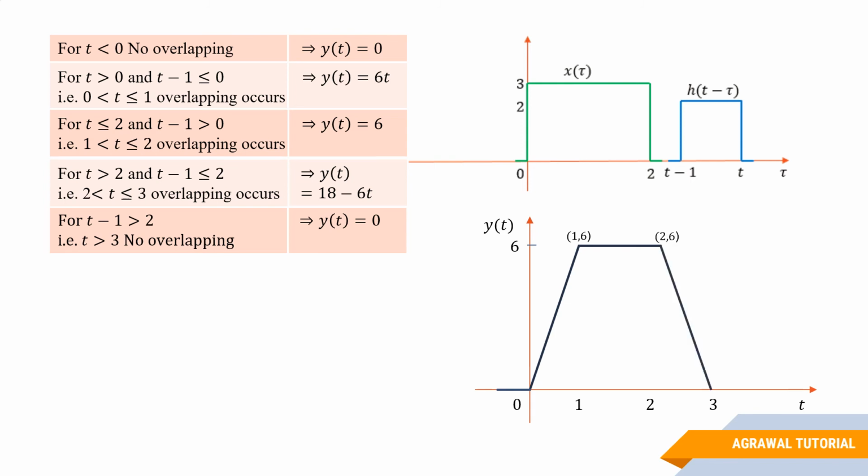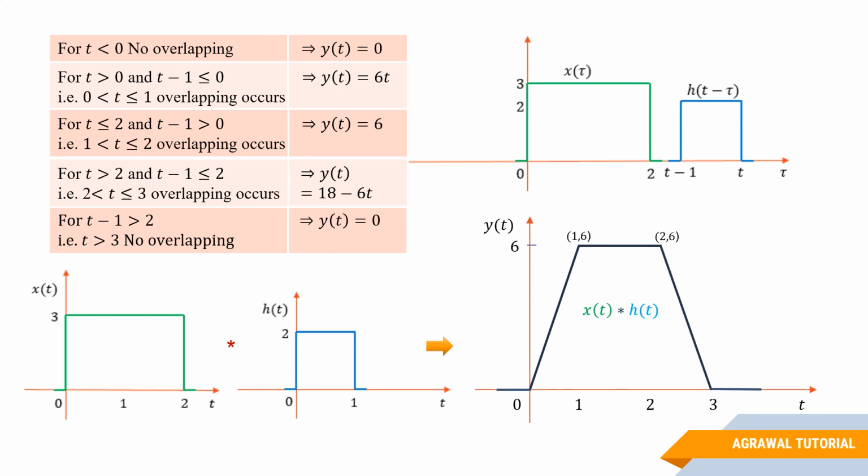So, we got the plot as a straight line varying from (2, 6) to (3, 0) as this. And finally, for this region t greater than 3, as no overlapping occurs here as well, the plot remains 0 after t greater than 3. So, this is the convolved signal we have got by the convolution of given two functions x(t) and h(t).